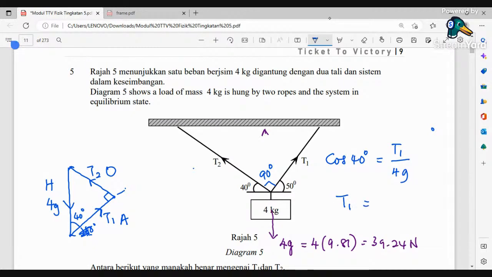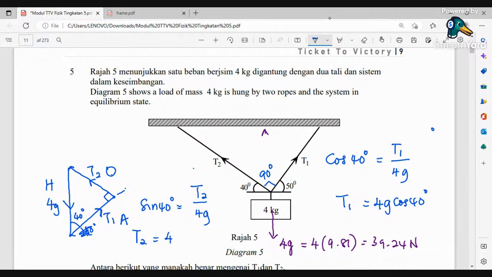So T1 equals 4g cos 40. And then using sine, sin 40 equals opposite over hypotenuse, T2 over 4g.